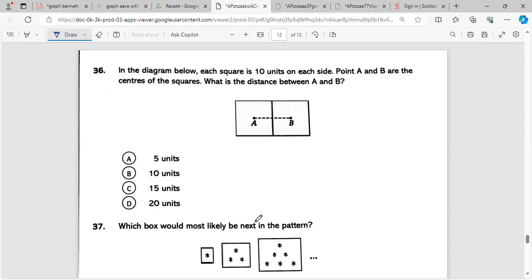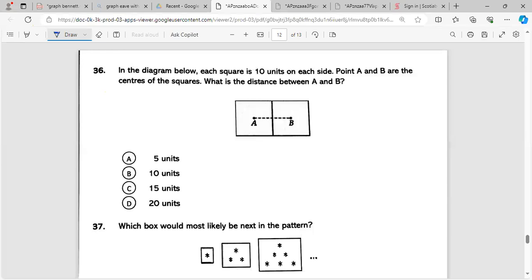Explain how you got B as in boy, please. Sir, may I put 5? No. Sir, I'm picking 10.